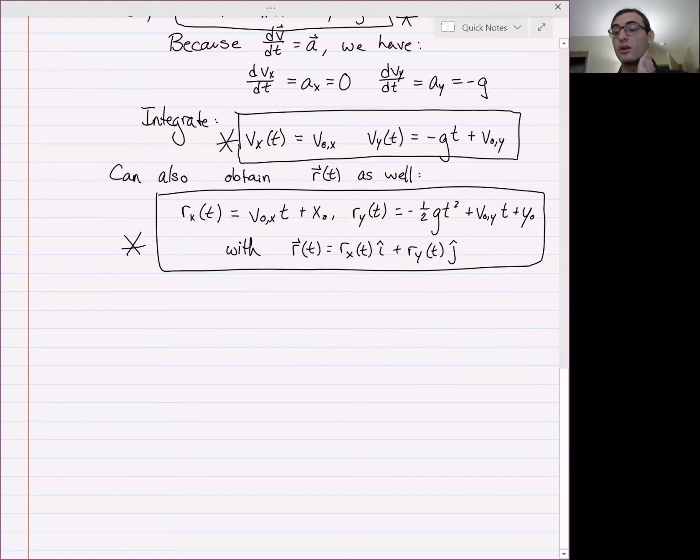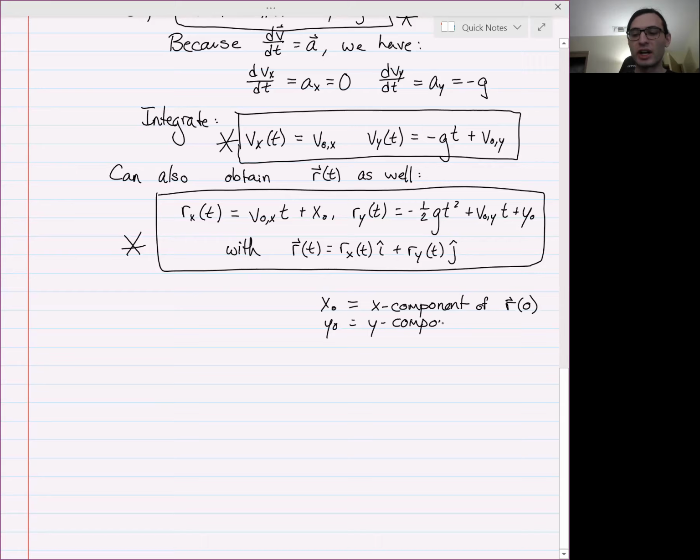So this is technically all you need. However, things can get a little bit complicated, especially if you're new to this game. So, for example, let me specify. x naught is the x component of r at time 0, and y naught is the y component.